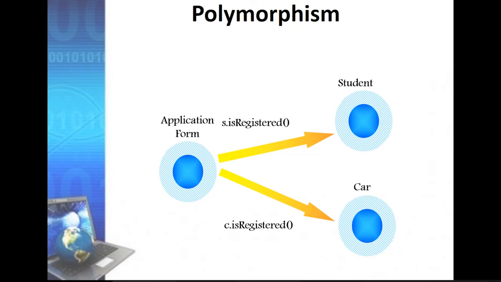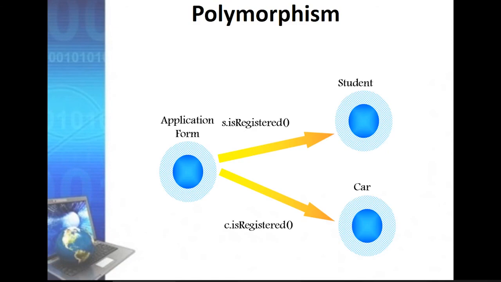So take note, you have application form and then sa dalawang tao mo siya ngayon gagamitin. Okay, not just para sa isa. Parang meron kang isang method and then this method will be now divided into two different things. This one is to be used for student, this one is going to use for car. And then syempre magbabago din yung mga methods and attributes nila ngayon. Okay, that is polymorphism. Okay, klaro ba yung polymorphism?